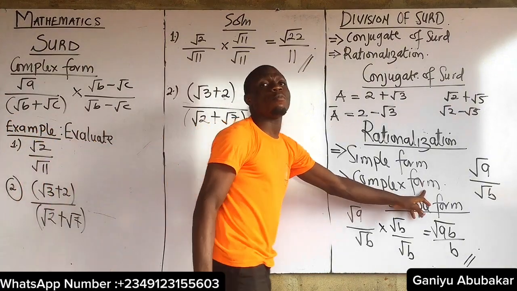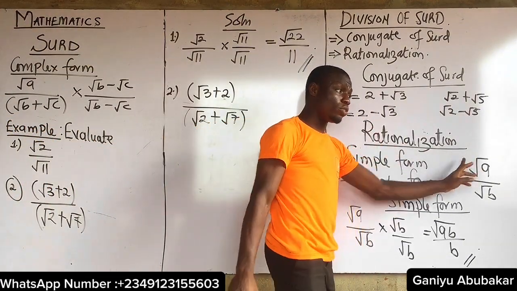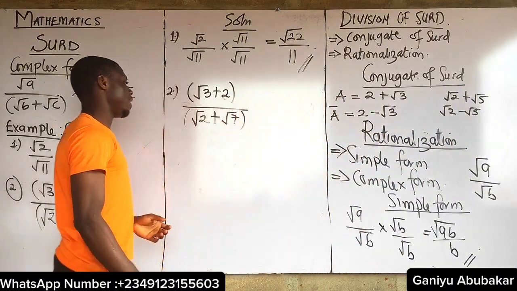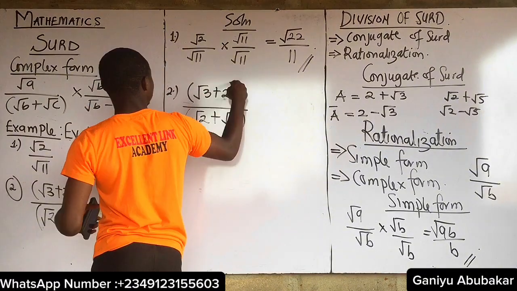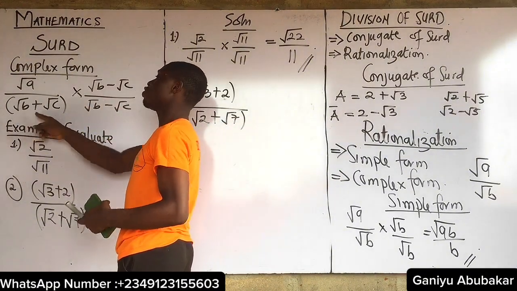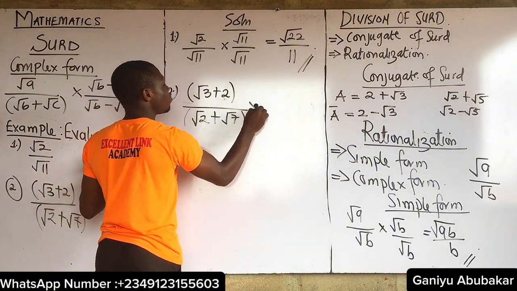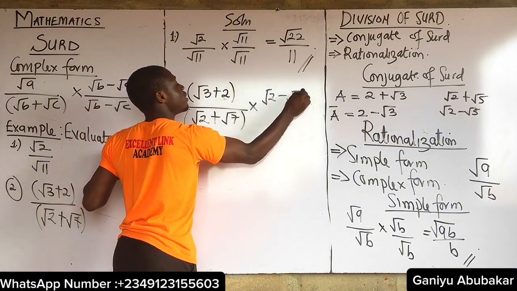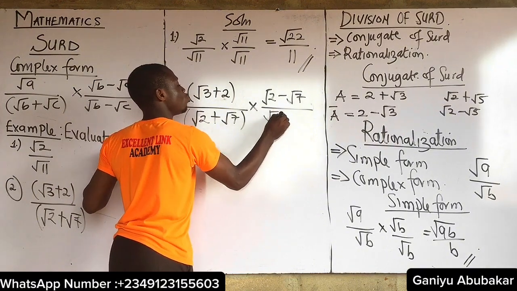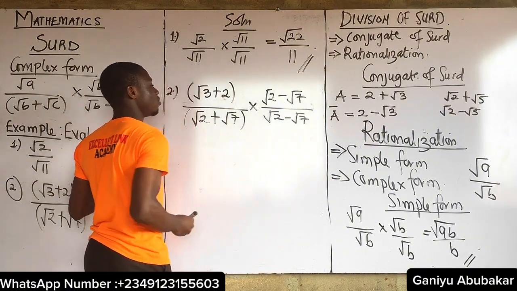The complex form of rationalization. So how do you handle this one here? We said the idea is what? Multiply this one here by what? The conjugate of the denominator. So the conjugate of this one becomes root 2 minus root 7 all over root 2 minus root 7, right?